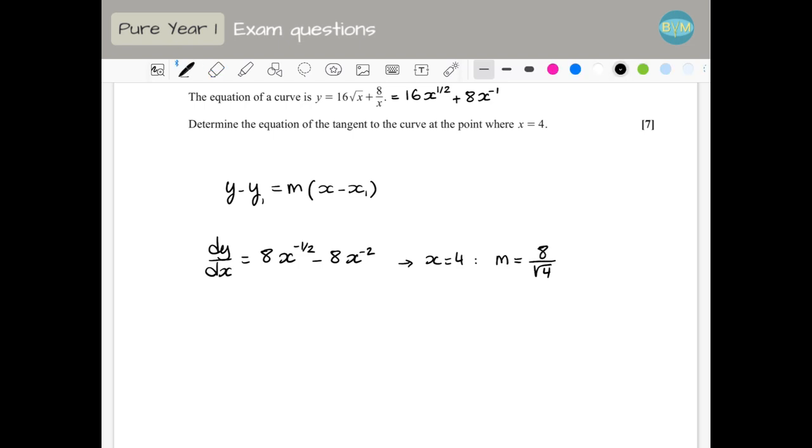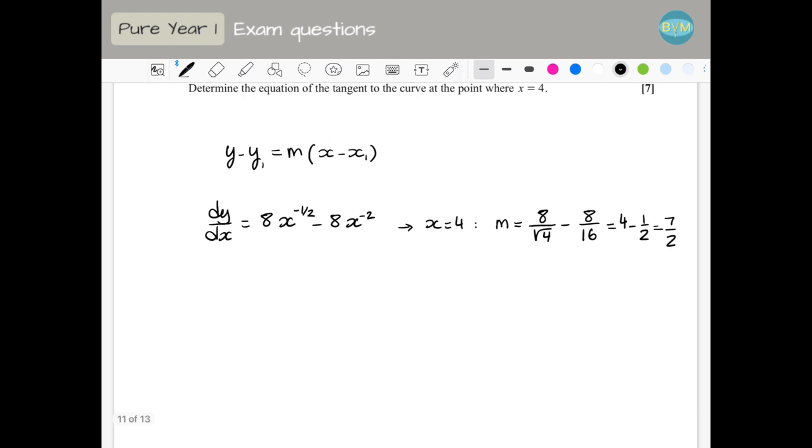So I have 8, and this one can go to the denominator just because it's easier. Or you can use the calculator. Minus 8, and then the x goes squared in the denominator, so 16. So I have 8 divided by 2, which is 4, minus 1/2, which is 7/2. So this is the gradient at that point.